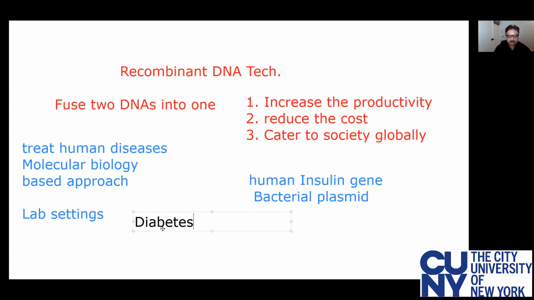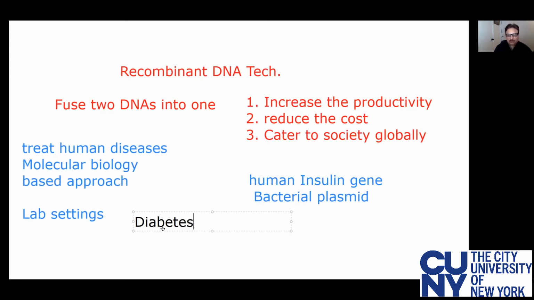So the only way it could be treated is by insulin injection, for one form of diabetes. And so insulin has to be not only available in the US, but in every corner of the world. So we have to produce not only for the US, but for global demand.